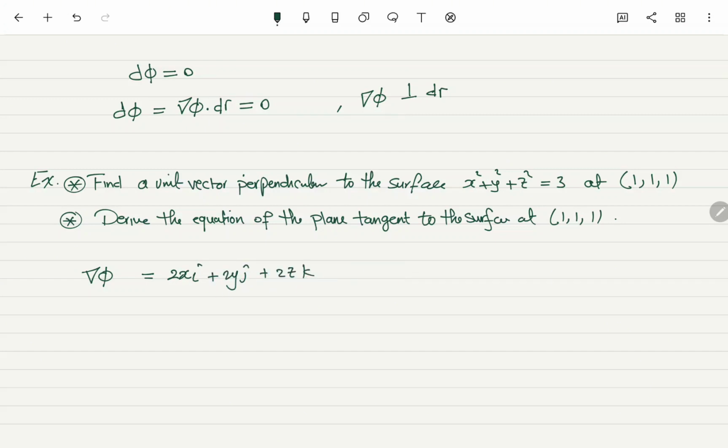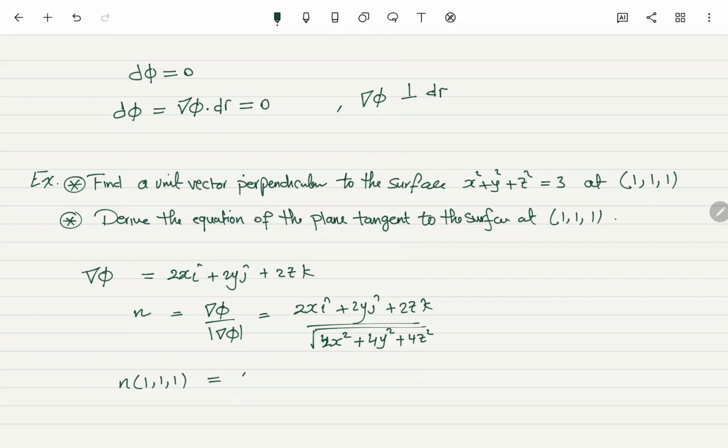plus 2z k. Now the unit vector, let's name it n, equals the vector itself over its magnitude, so 2x i, 2y j, 2z k divided by the square root of 4x squared plus 4y squared plus 4z squared. n at the point (1, 1, 1) equals (i plus j plus k) divided by square root of 3.